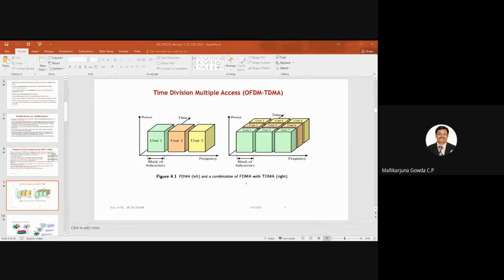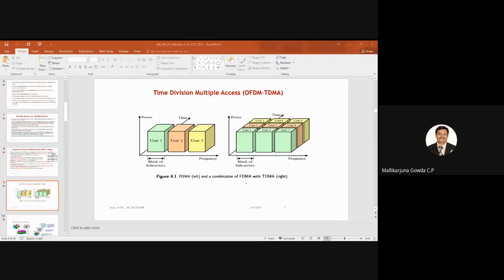For user one, some block of subcarriers will be there. For user one, user two, user three, the block of subcarriers is the same, but each user will be given some time slot. So they will be talking during that time slot. That is the meaning of this, right?